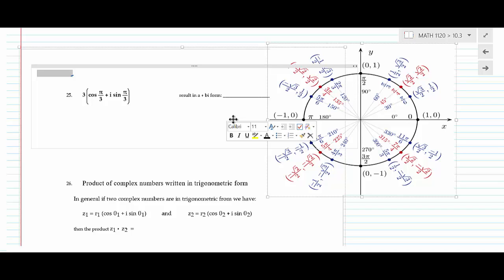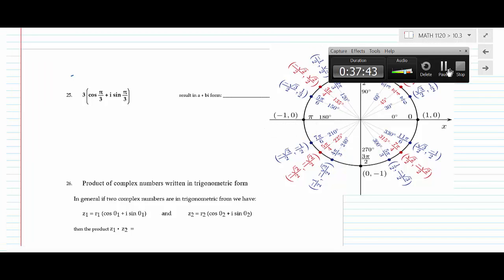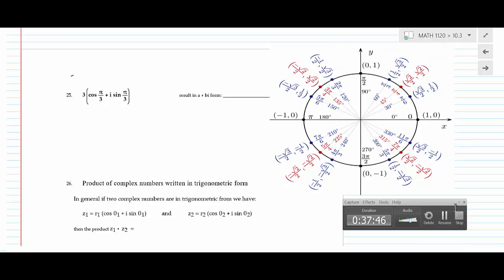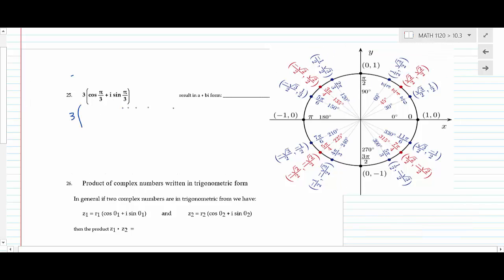Multiply it out and see if it gives you a logical answer. Okay, all right, shouldn't be no big deal. Okay, we got an answer yet?